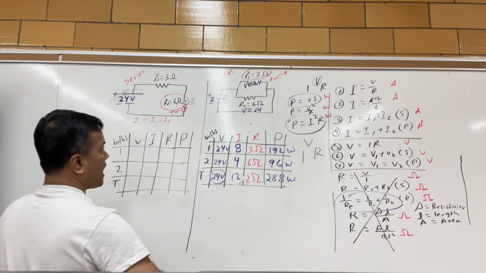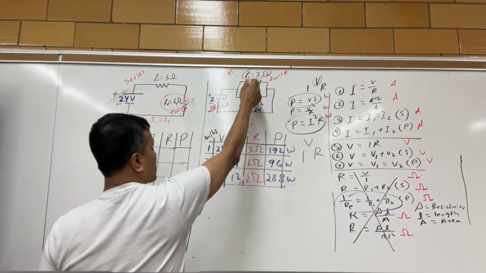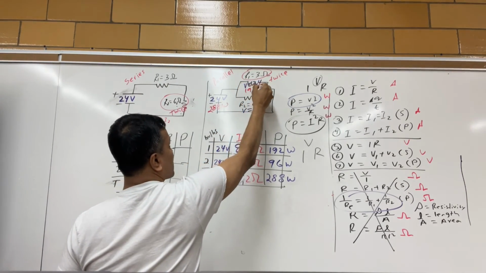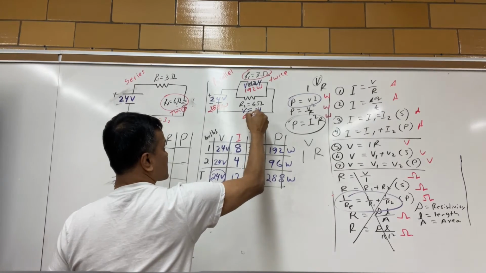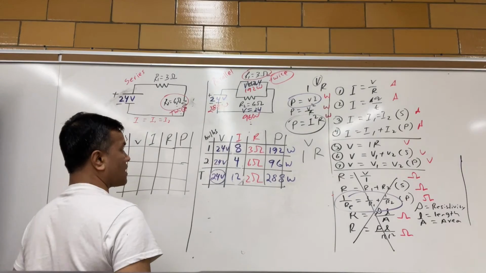The power over here is 288 watts. The power over here is 192 watts, and the power over here is 96 watts. So that's right. 192 is twice as big as 96.